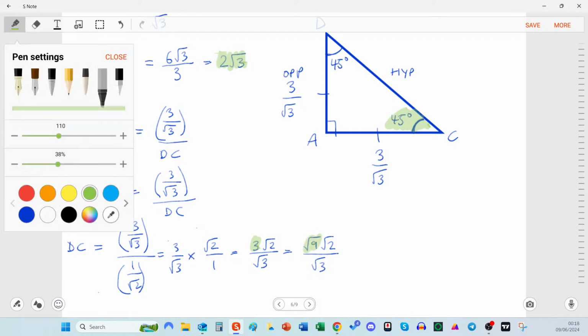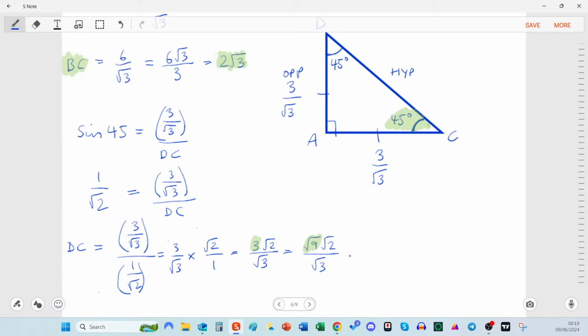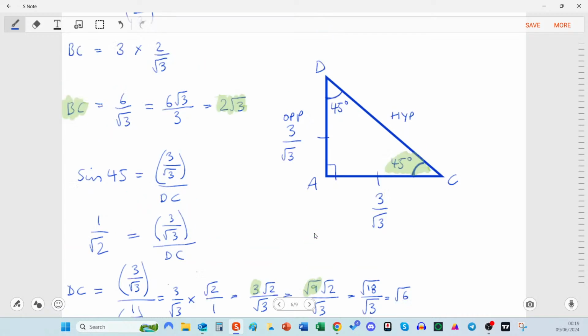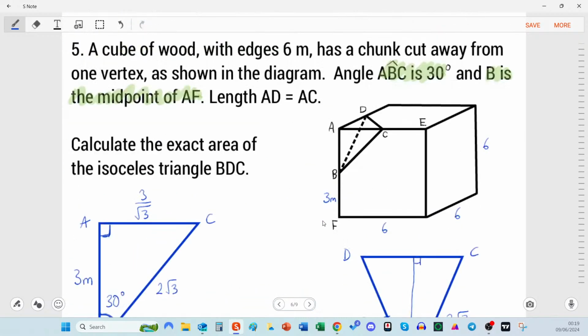So that changed into that. And then that's the square root of 18, because 9 times 2 is 18. That's how surd rules work. And then that becomes square root 6. All right. That's probably easier to work with moving forward. So this is the root 6. Lovely. Not bad.